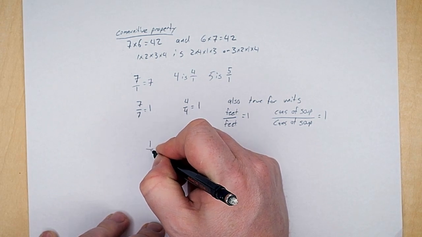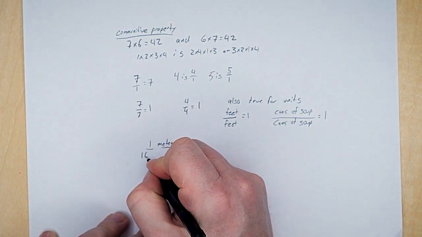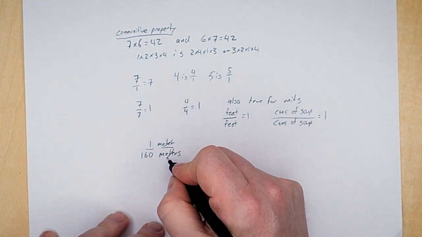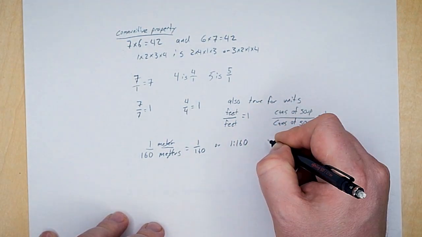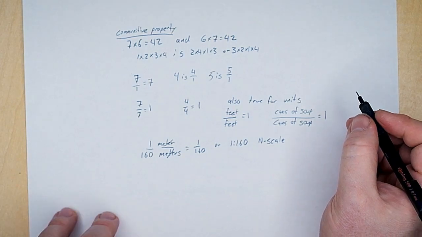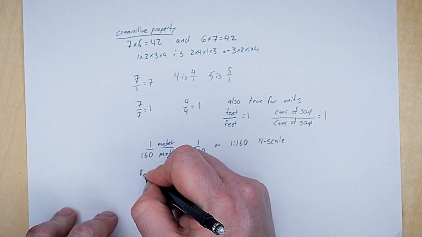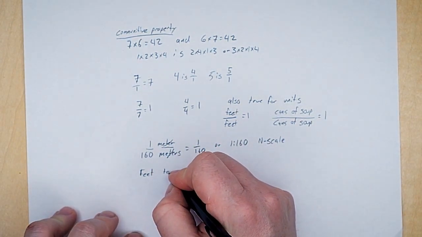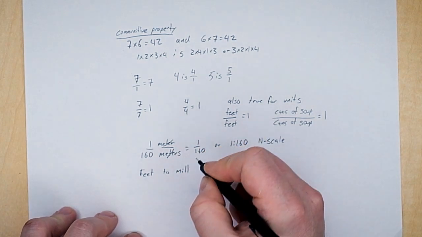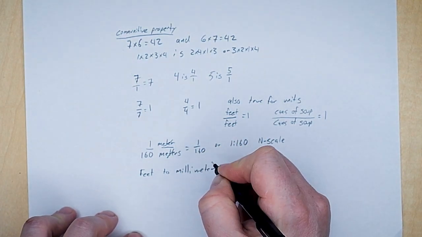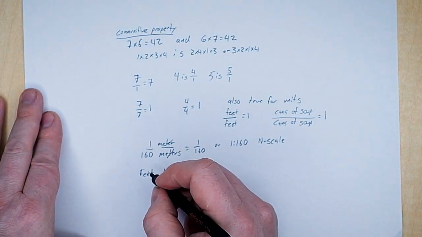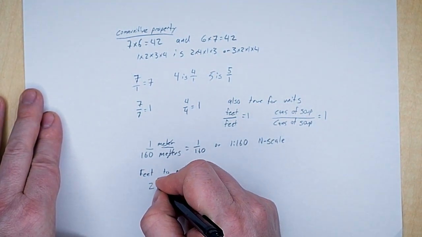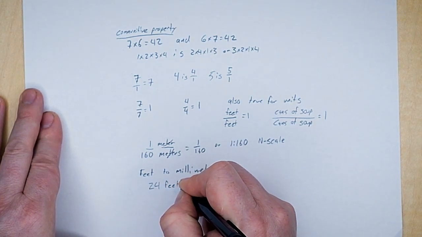For example, 1 meter in the real world divided by 160 meters in our N scale world equals 1 over 160, because meters over meters is 1. For our project, we're going to want to go from feet to millimeters at N scale. The steps to do this will be going from feet to inches, from inches to millimeters, and then millimeters in the real world to millimeters at N scale.